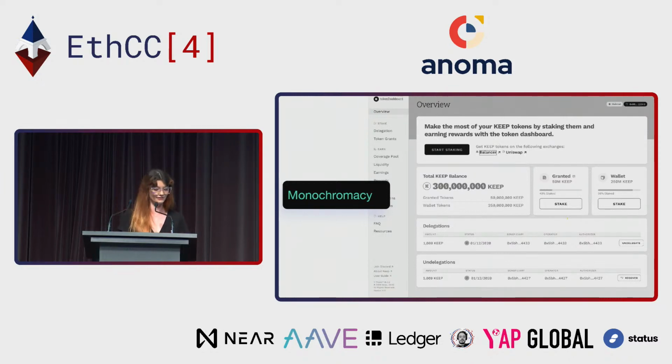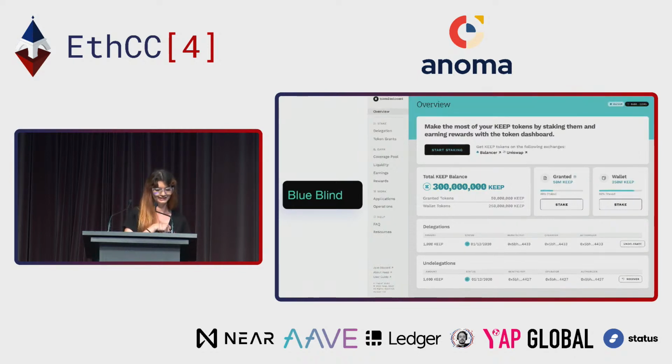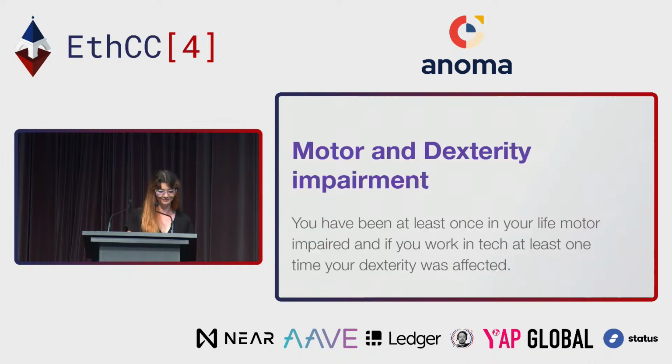This is a very rare way of seeing the world, but we have to think of that as well. This is green blind, this is red blind, this is blue blind. So apparently the Keep dashboard actually scores very well on the accessibility score for color blindness.